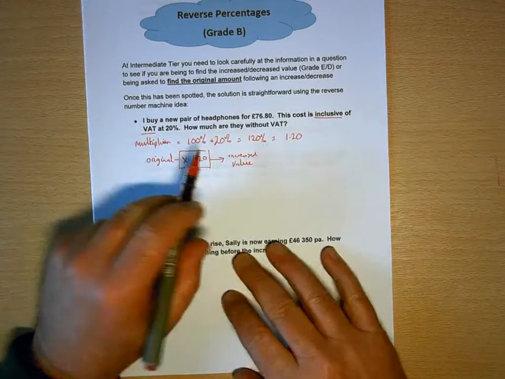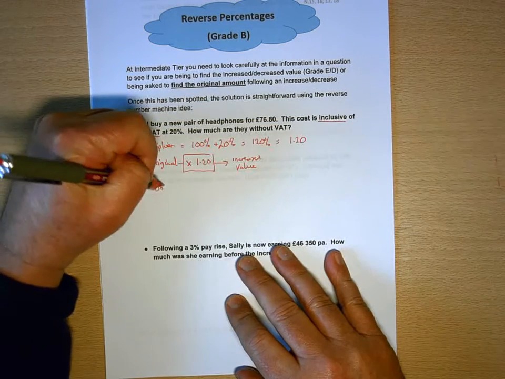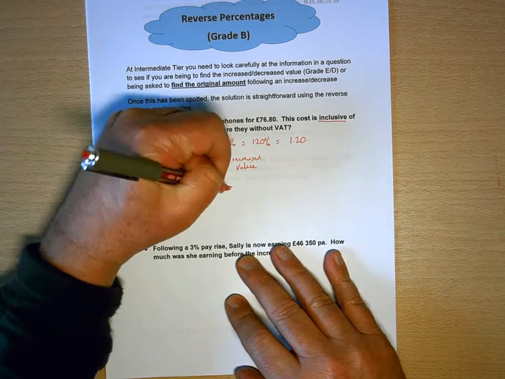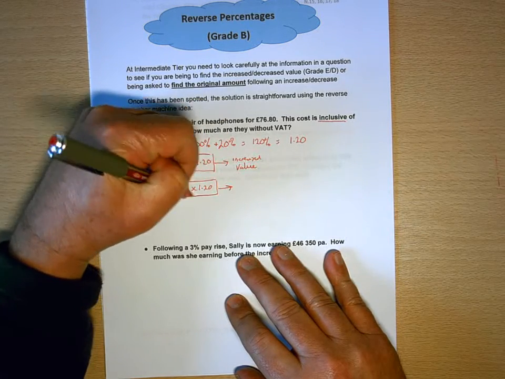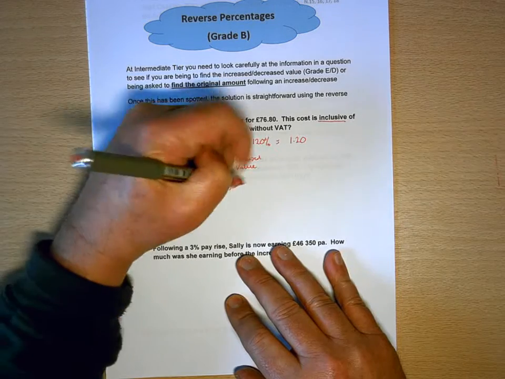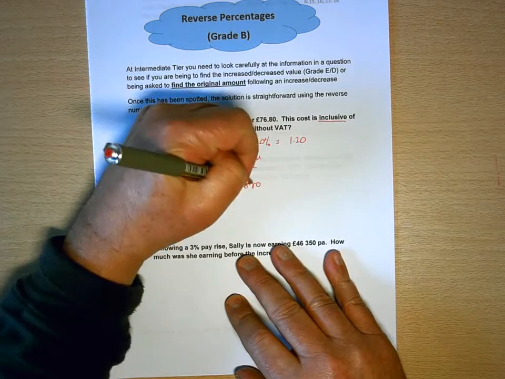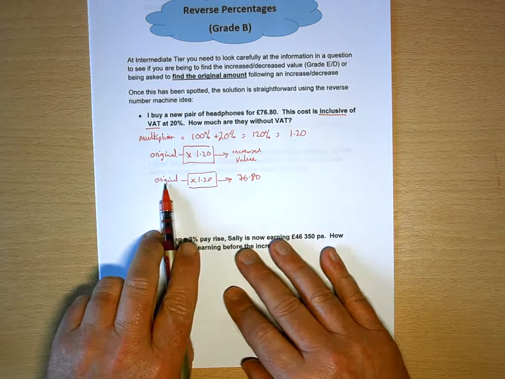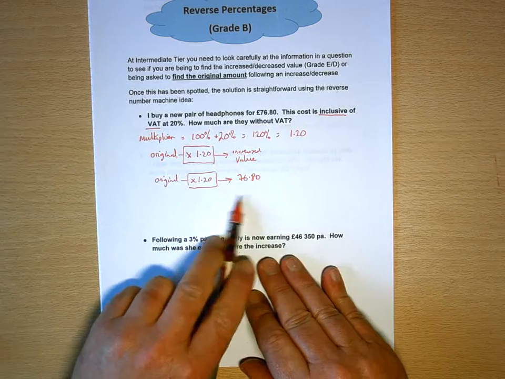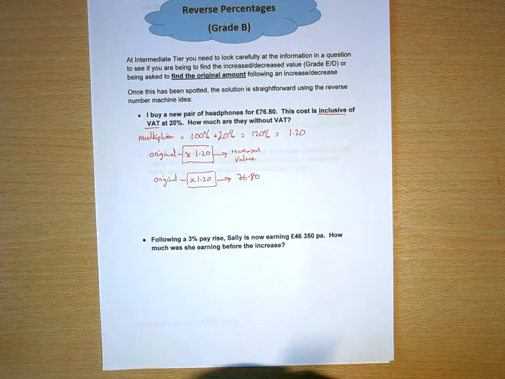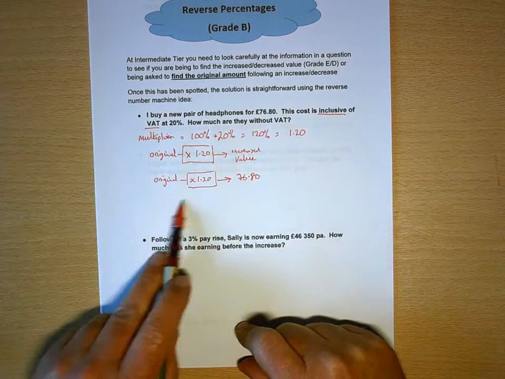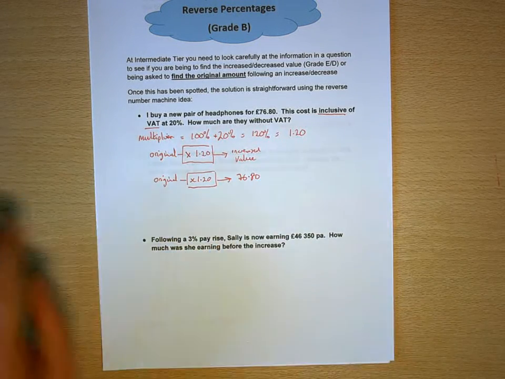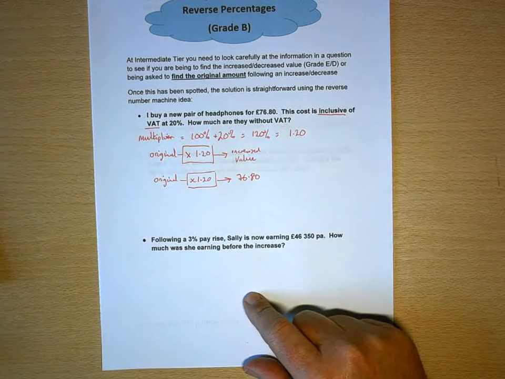Now in our case, the original is what I don't know, and it's going to give me £76.80. So last week I was having an input, multiplying it by the multiplier and then getting that increased value out. This time I've got to go backwards. Now when you go backwards through a number machine, all you need to remember is that the operator changes to its opposite.